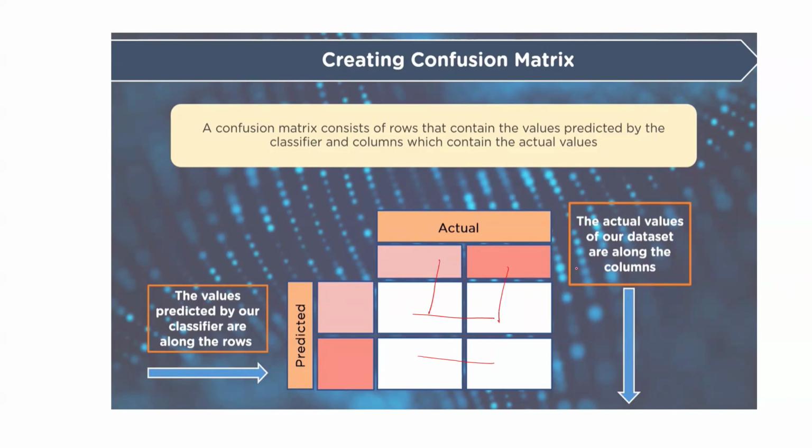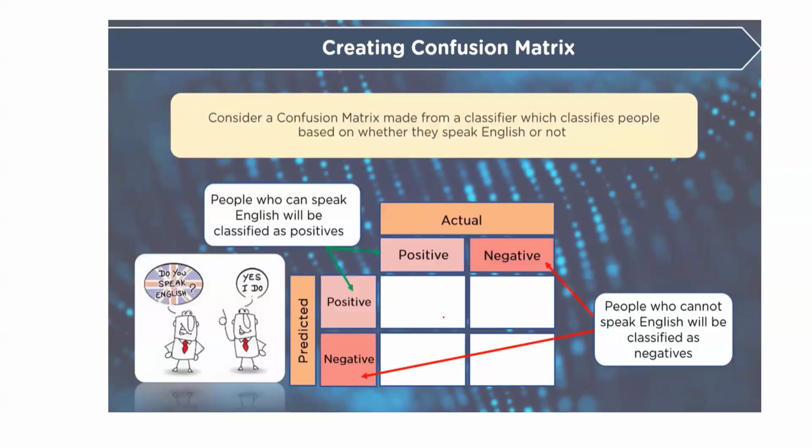Once we have built a classification algorithm with any algorithm, at last the outcome of that algorithm is going to give us this confusion matrix with all these values.